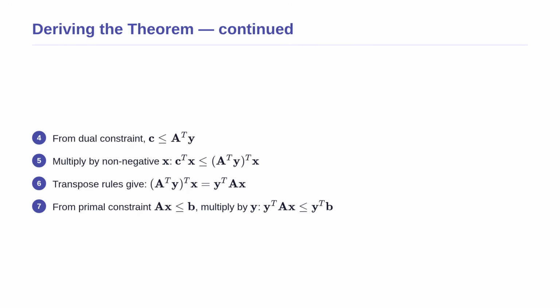We begin the mathematical reasoning by taking the dual constraint inequality and multiplying both sides by the non-negative production vector x. This preserves the direction of the inequality. Next, using the standard rules of linear algebra and matrix transposition, we rearrange the terms in the middle. The transpose of a product allows us to group the matrix A with the production vector x.